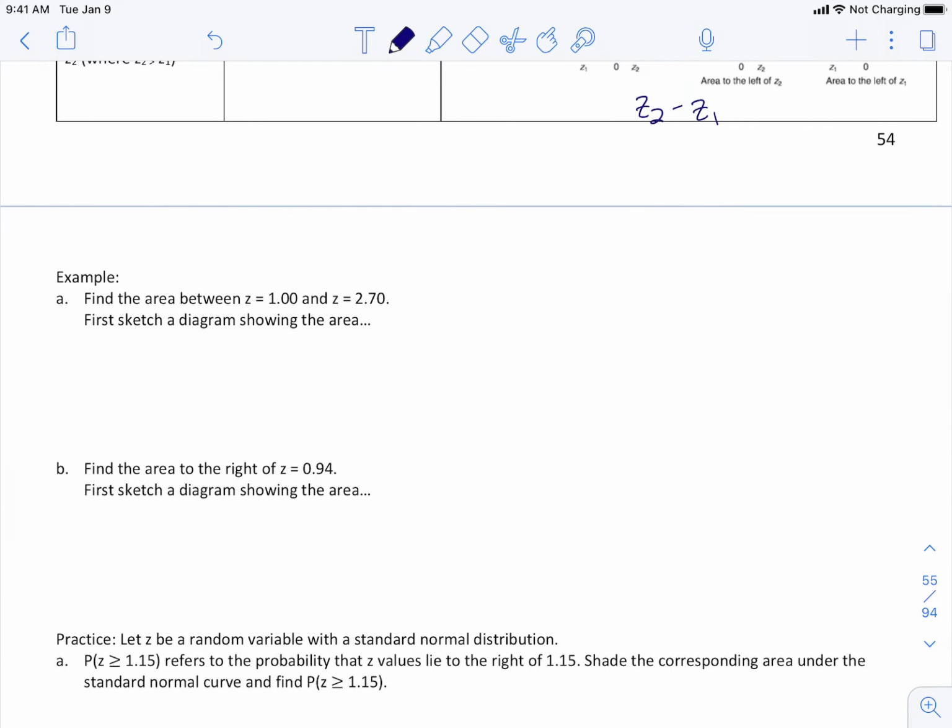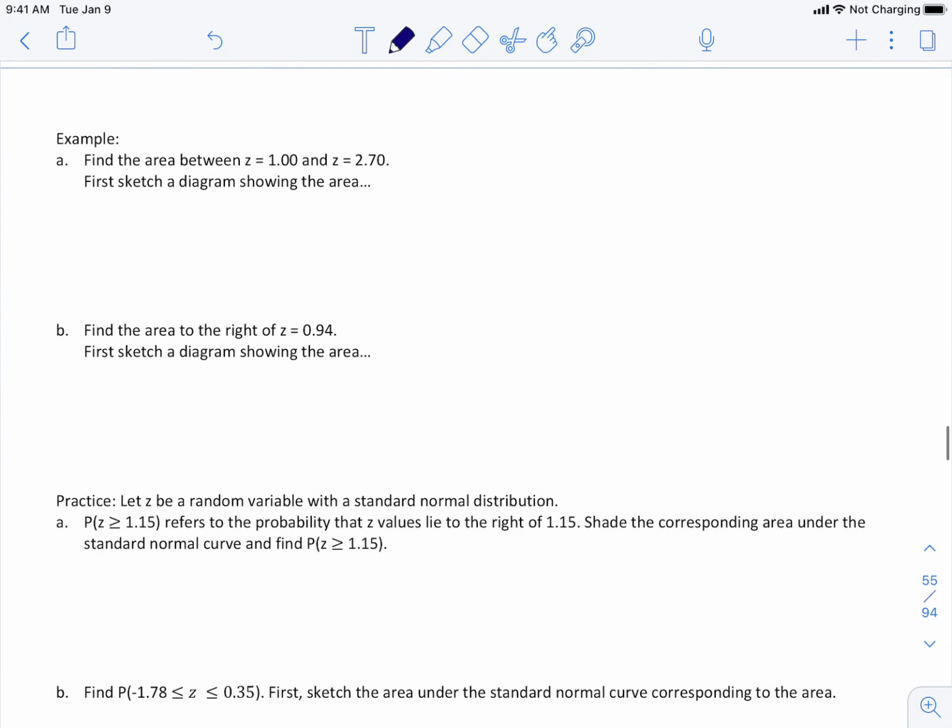So find the area between z equals 1 and z equals 2.7. First, sketch a diagram showing the area. So if I sketch a picture, remember the middle is always 0. So here is z is 1, and we'd say this is about 2. So here is our 2.7, about here.